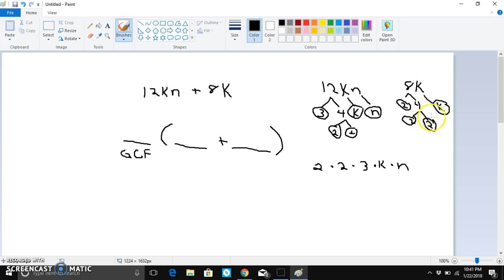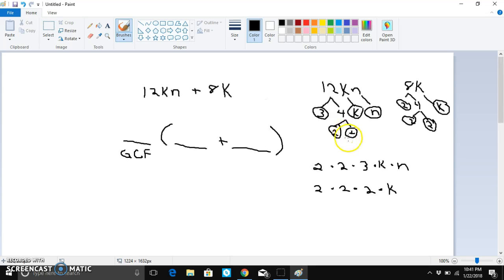And then for 8k, I'm going to put its prime factorization underneath this one. So we have 2 times 2 times 2 times k. I'm not very good at this part.